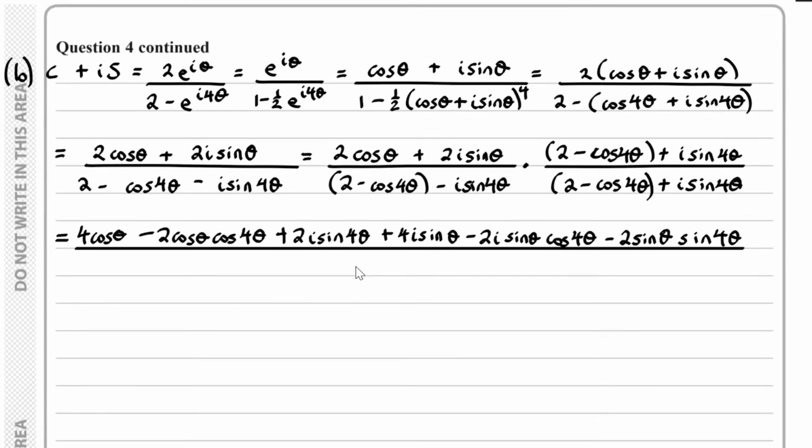Now on the bottom, we have a difference of 2 squares. We have 2 minus cos 4 theta squared, and if we work that out, that would be 4 minus 4 cos 4 theta, plus cos squared 4 theta.